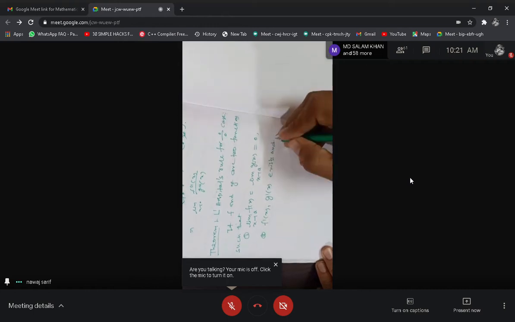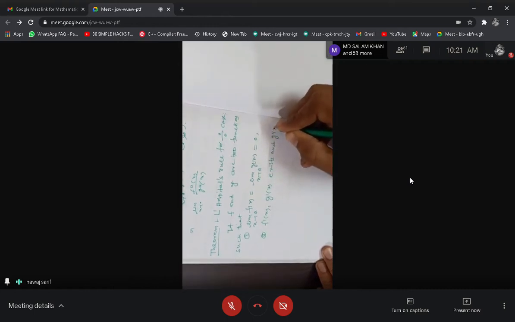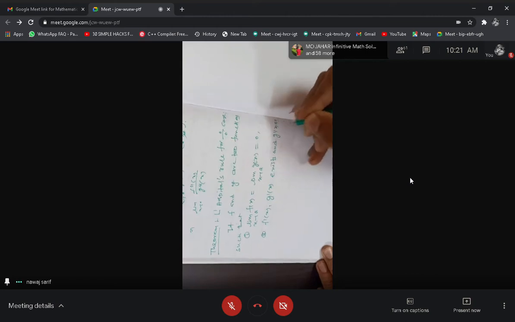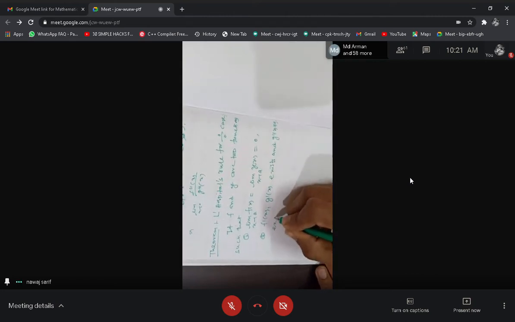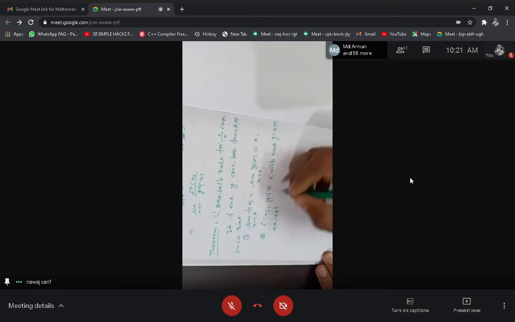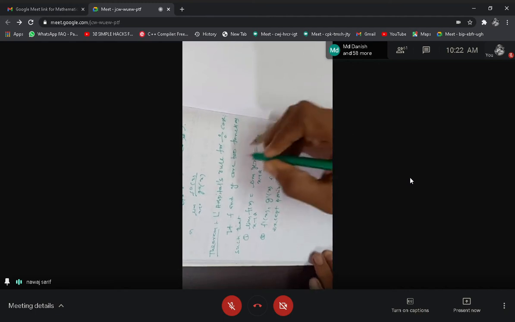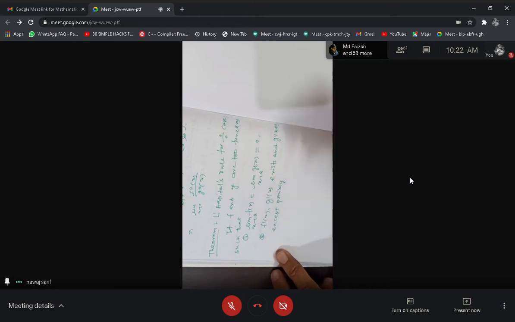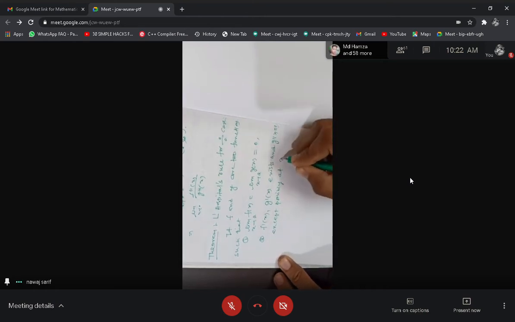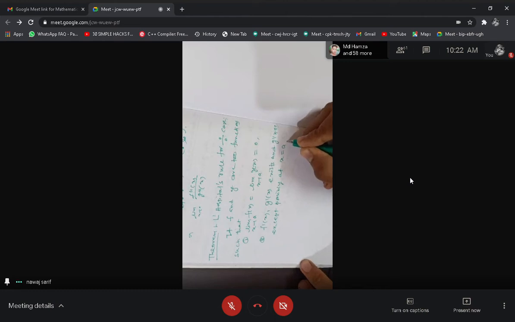G dash x must be not equal to 0. At which point? Except possibly at x equal to a, because we are interested only in the point a. Okay, possibly at x equal to a.